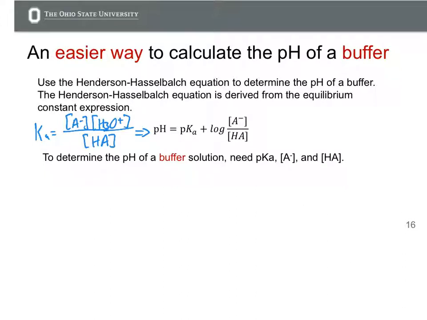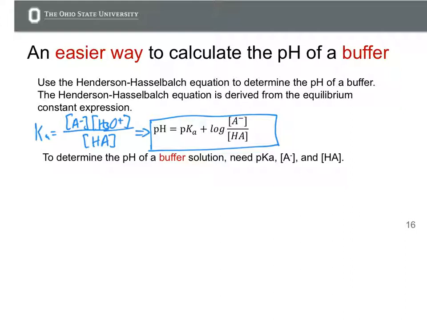So what this tells you though is that you need three things in order to solve for the pH of a buffer solution. You need the pKa, and you need a concentration of A minus and a concentration of HA. The other thing I want to point out is that when we normally write things in brackets, that means equilibrium concentration.